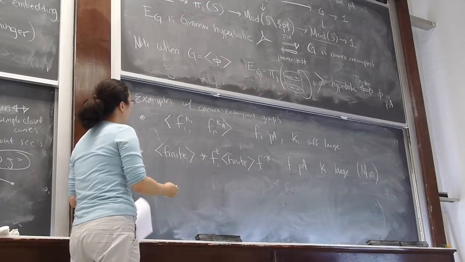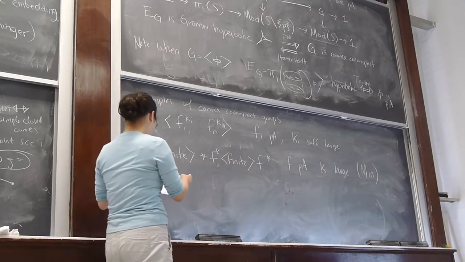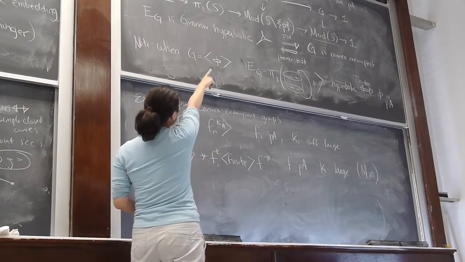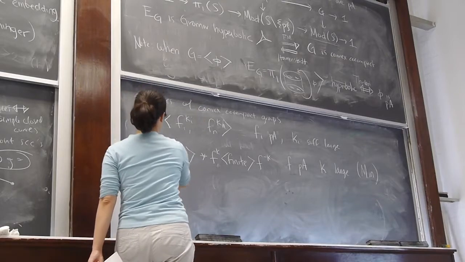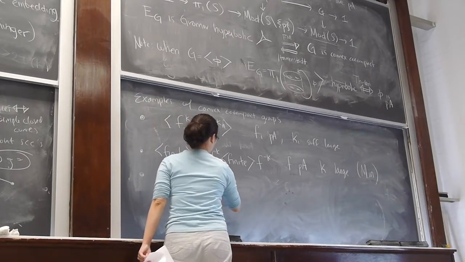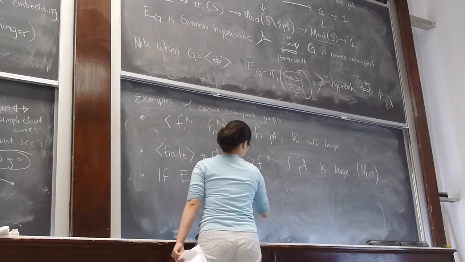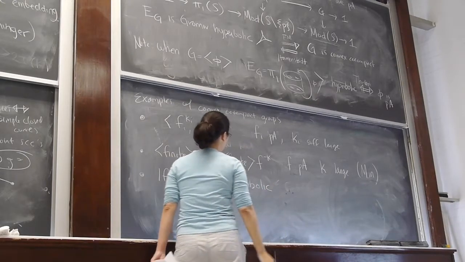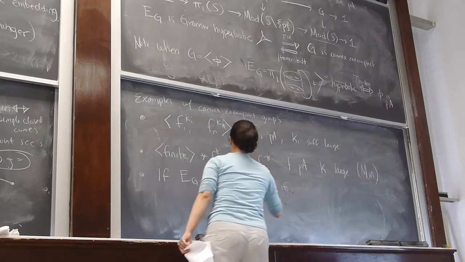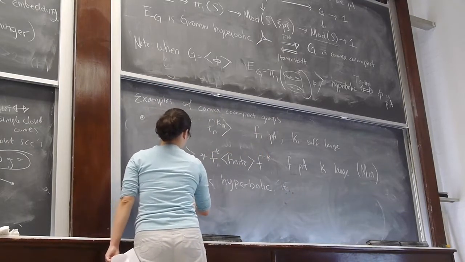A cool source of examples that's recent is if you look within these extension groups, and you look at the case where they actually are hyperbolic. You look in these, and you look at subgroups.